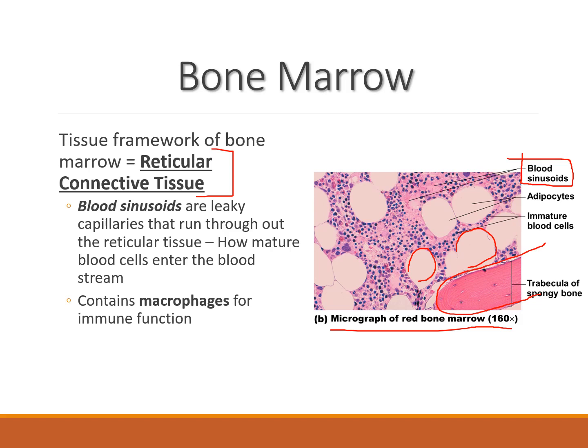So it's how they get out of the bone marrow. And if you notice throughout, and we probably can't see them, but maybe some of these larger cells that you can see are macrophages. So essentially we have some mature immune cells just in case any bad pathogen enters the bone marrow, you want to be able to destroy it, and that's the job of the macrophage.